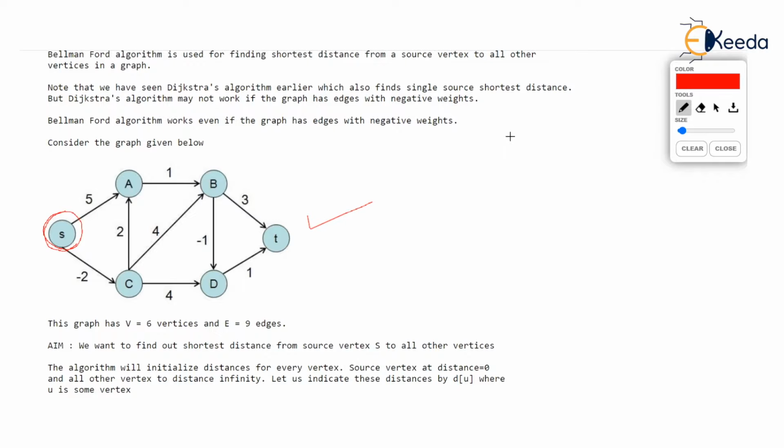Actually, this algorithm works on the basis of a term called relaxing an edge.